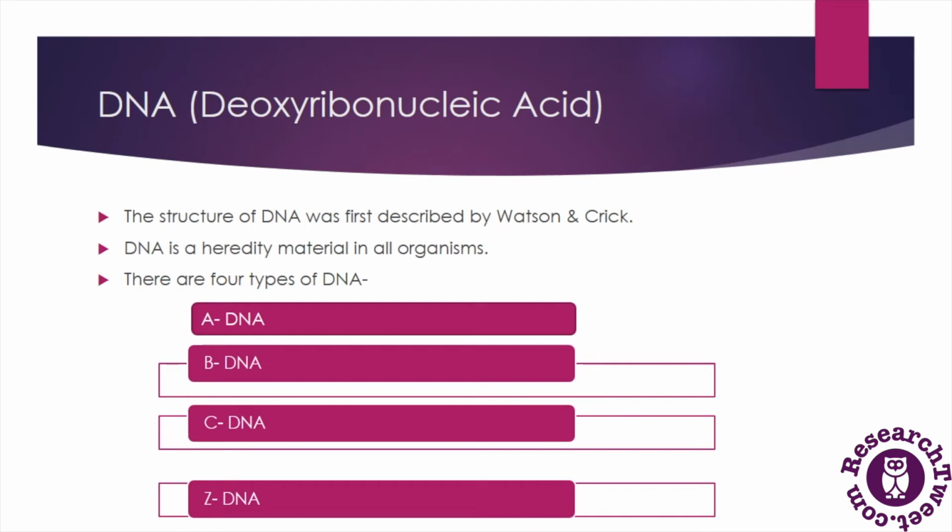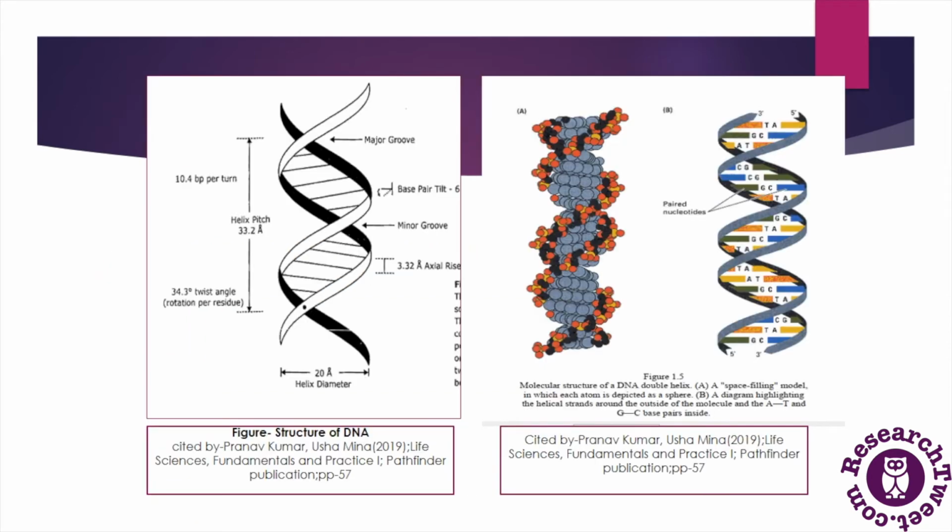According to their structure, DNA has four types named A-DNA, B-DNA, C-DNA and Z-DNA. Here in this diagram, we can see the double helical structure of DNA, which also indicates paired nitrogenous bases within it, and we can also see the length of the helix, diameter of the helix, and major and minor grooves of DNA.